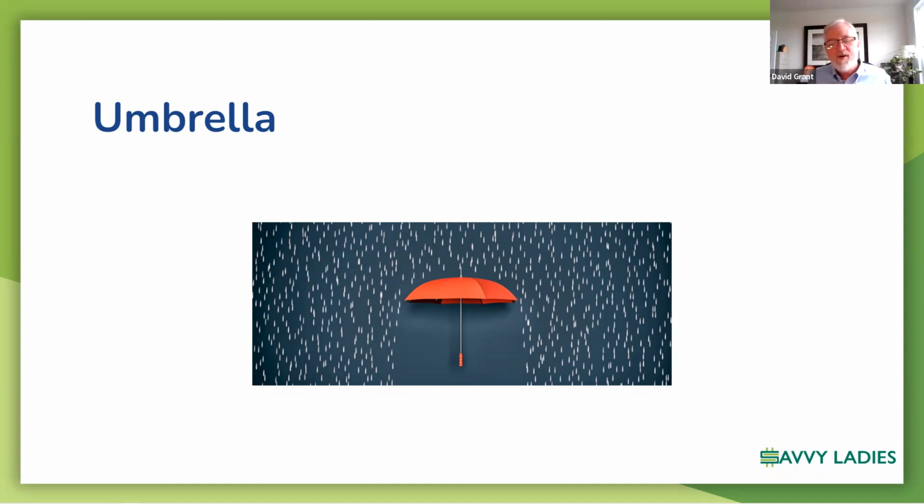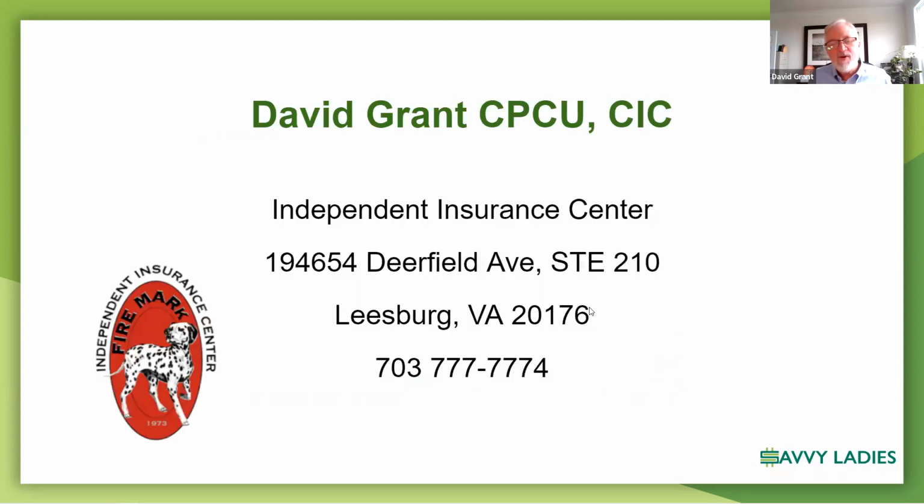But there are what's called captive agents, and there are independent agents. Captive agents usually are employed by or only have contracts with the carriers that they represent. That might be State Farm or Allstate or Geico. That's the insurance company those people work for.